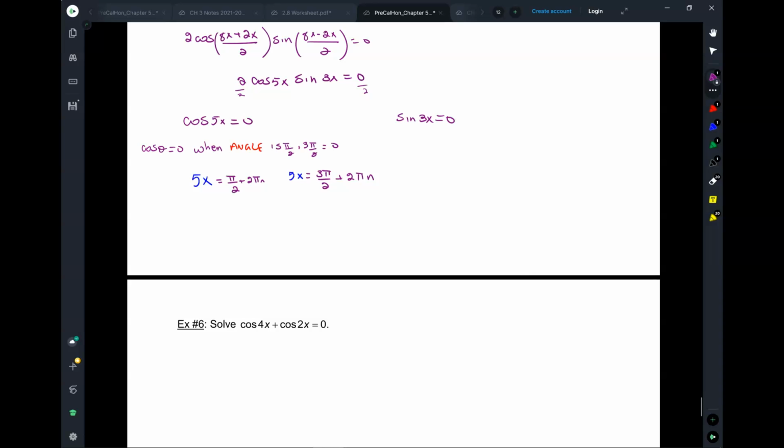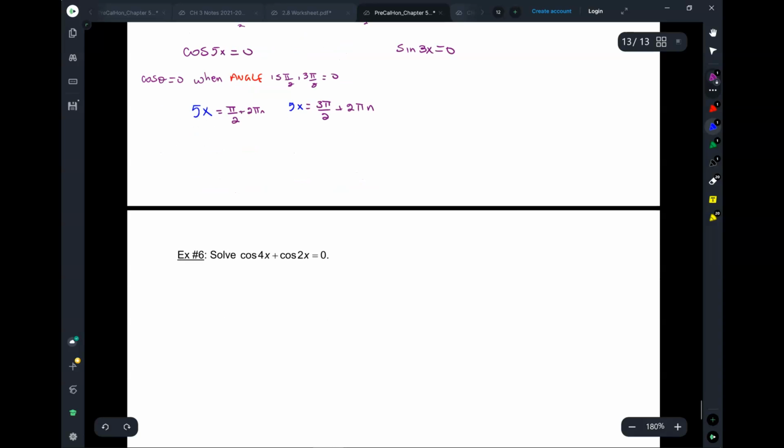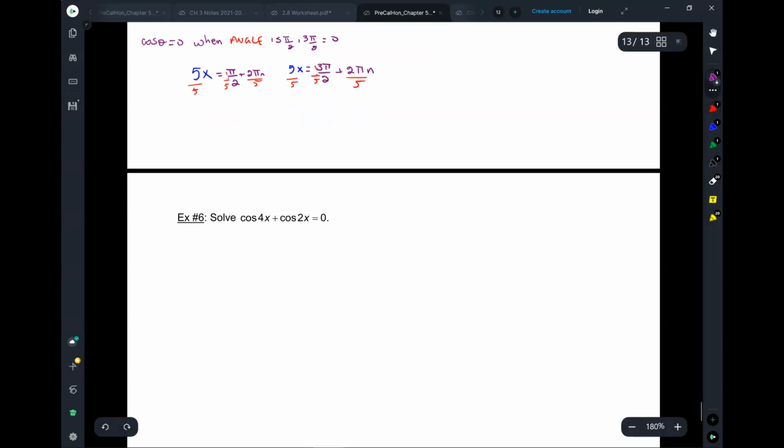But ultimately, I need to solve for x. So what I do is I divide everything by 5. So I have x is equal to pi over 10 plus 2 pi over 5n. x is equal to 3 pi over 10 plus 2 pi over 5n.